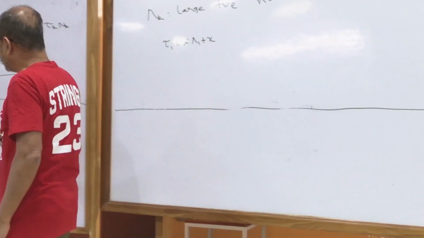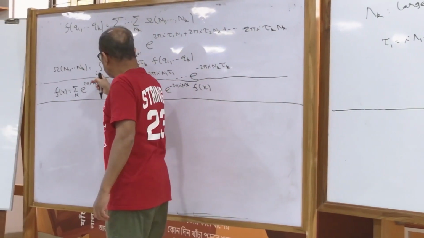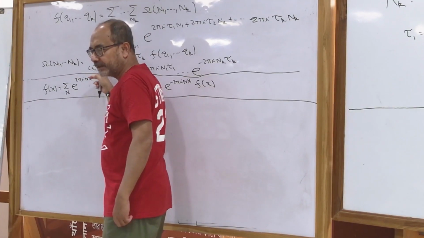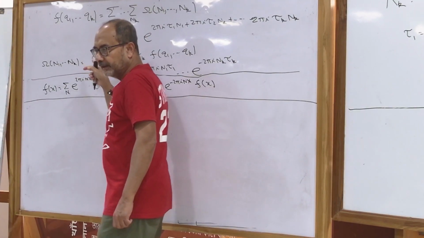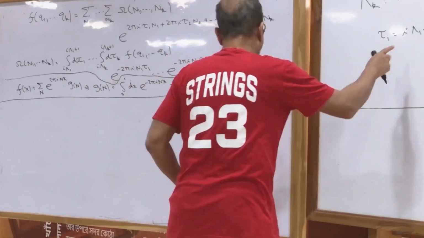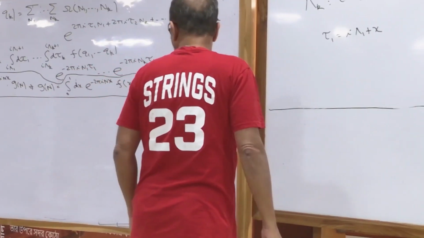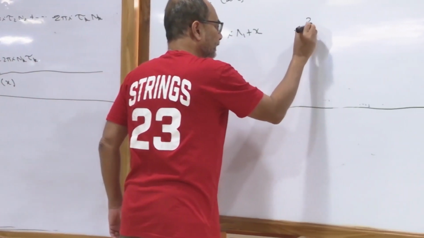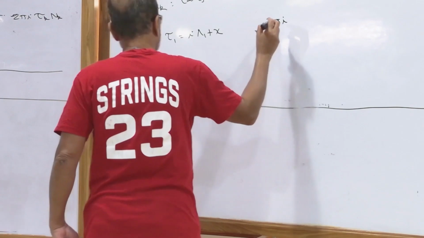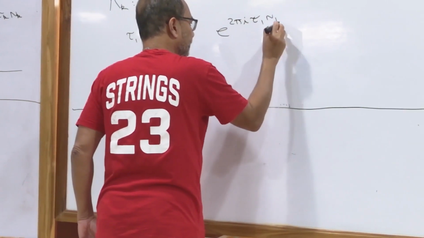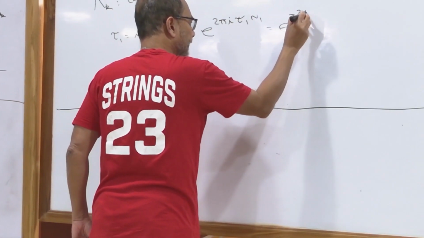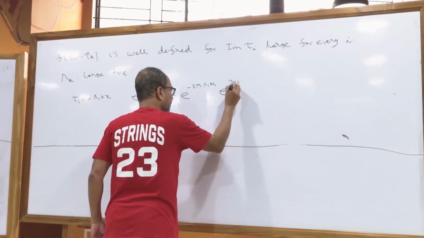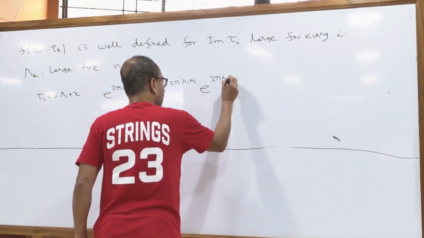That is what this means: i lambda 1 to i lambda 1 plus 1 means that you write tau 1 equal to i lambda 1 plus x and integrate x from 0 to 1. So, if you write tau equal to i lambda 1 plus x, then this expansion e to the 2 pi i tau 1 n 1 becomes e to the power minus 2 pi lambda 1 n 1 times e to the 2 pi i n 1 x.